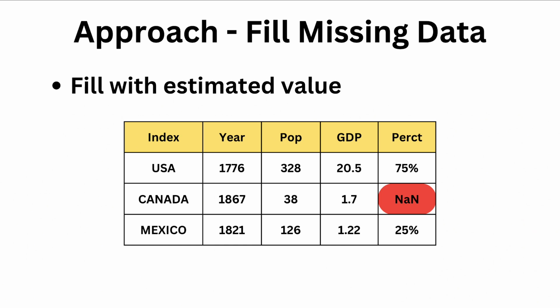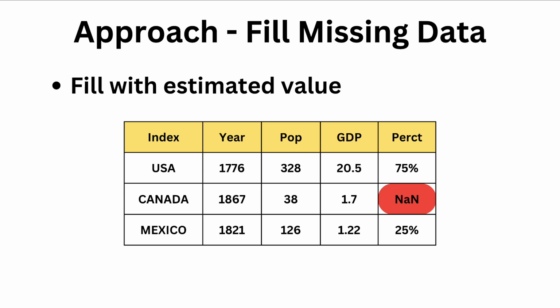Now, there's the other option of filling it in with an interpolated or estimated value. And again, this is one of those harder or more complex decisions to make. It requires a lot of reasonable assumptions and a lot of domain experience. So this last column represents some percentage of something. And often in datasets, you may try to fill this in, maybe even using interpolation.